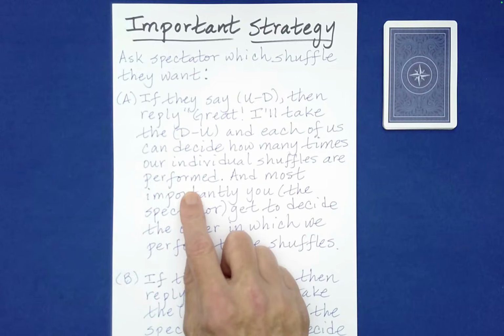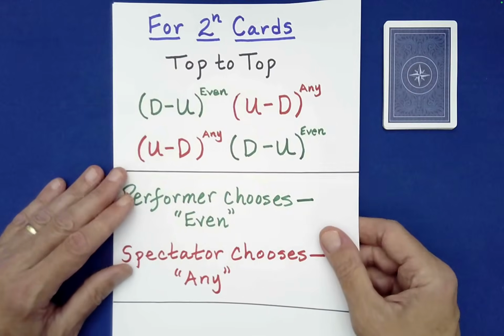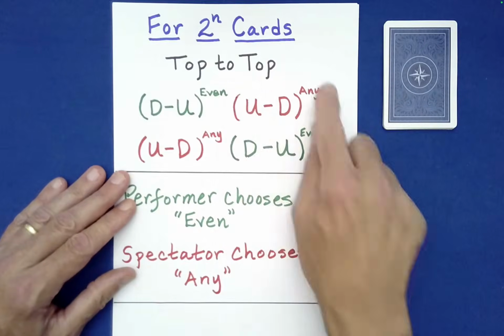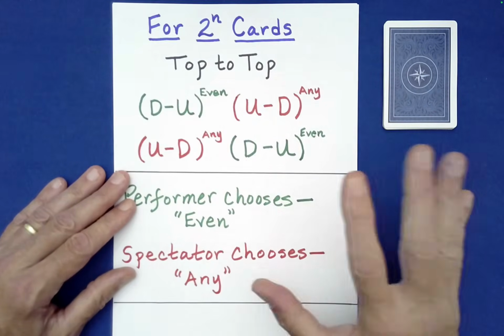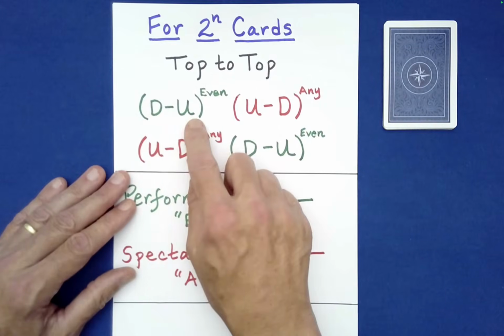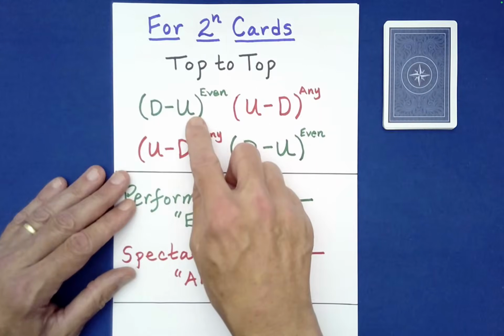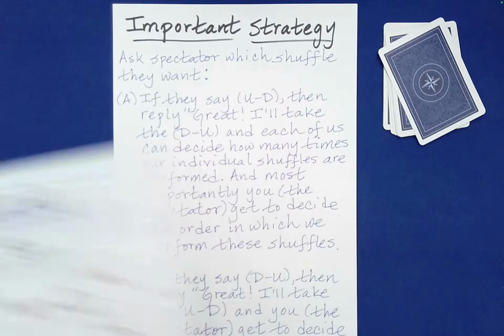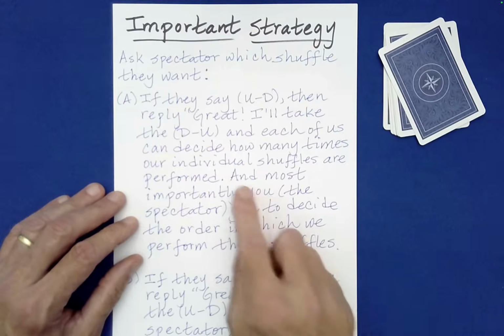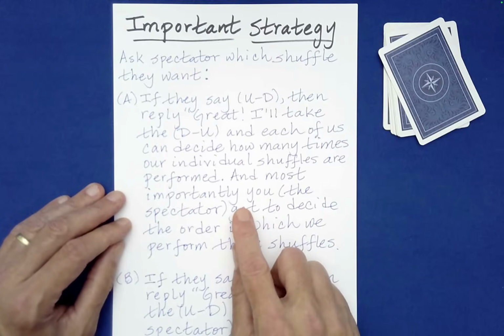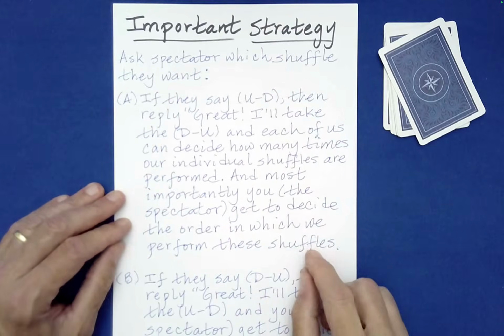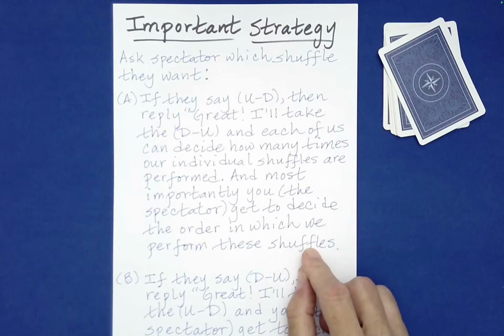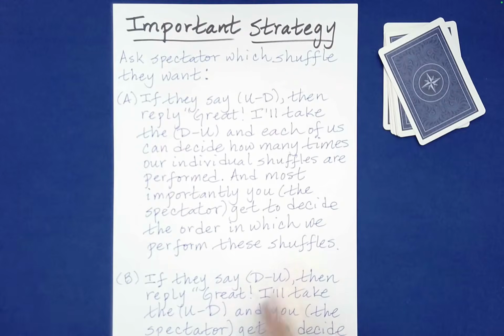Okay, so that's key. Because they have the under-down as theirs, they can do it any number of times. You're safe. But because the down-under right now under this scenario is mine, I can choose any even number. So I just chose 2. That keeps me safe. And then I say, and most importantly, you, the spectator, get to decide the order in which we perform these shuffles.